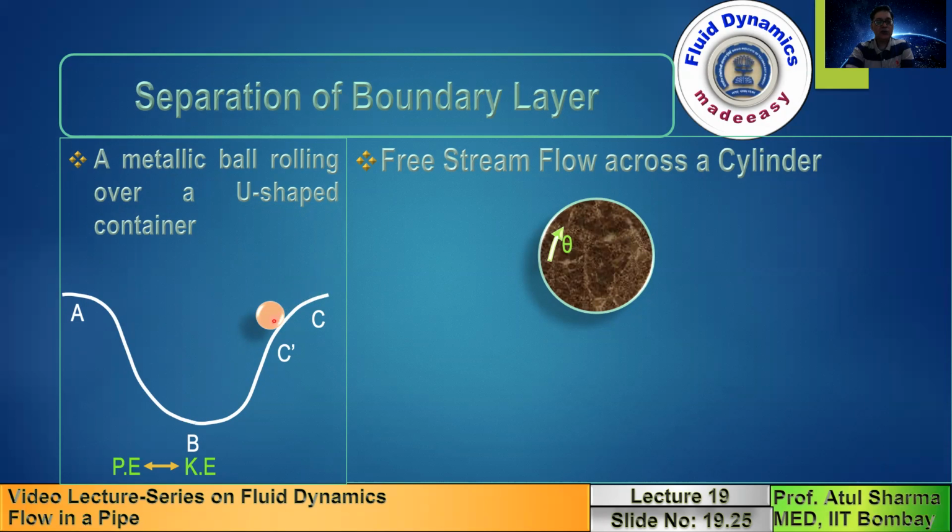So similar to this situation where you have interchange between the potential energy and kinetic energy, when you consider flow across curved surfaces such as this, a flow across an object which is of circular shape, which is called a circular cylinder.